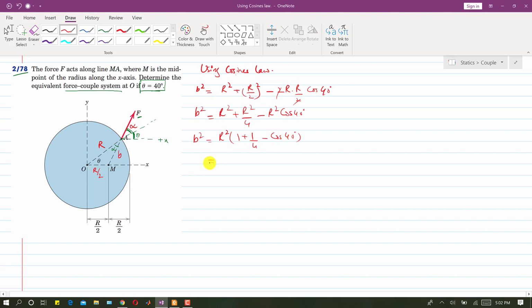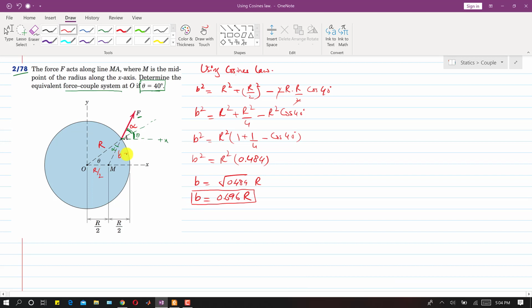So B square is equal to R square into 0.484. If we take the square root, B will be equal to root 0.484 into R, so B is equal to 0.696 R. So this is that AM length, equal to B.